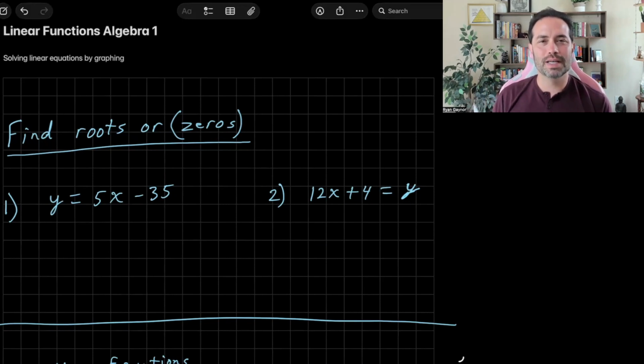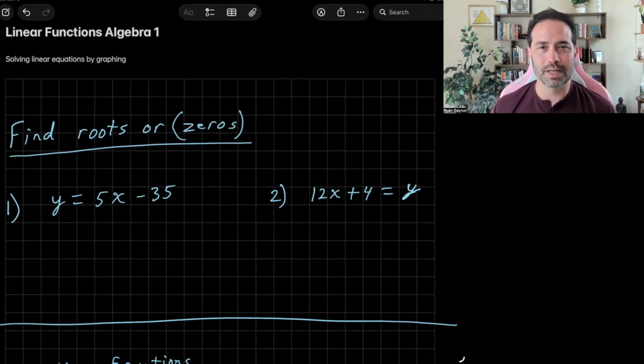Today we're working on linear functions for Algebra 1, solving linear equations by graphing. Now the first thing here, it says find the roots or the zeros, right, of the function. We're dealing with linear functions, and the way to find the zero or the root of any function is to plug in 0 for y. Now why is that?